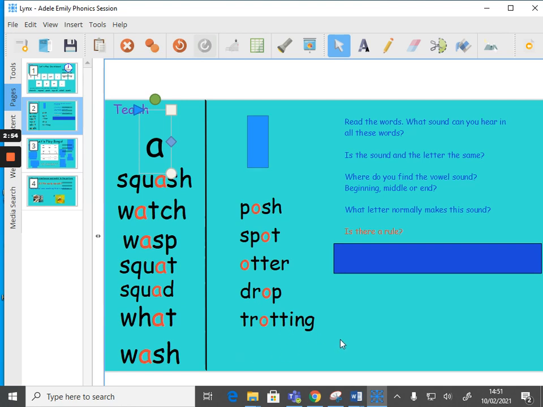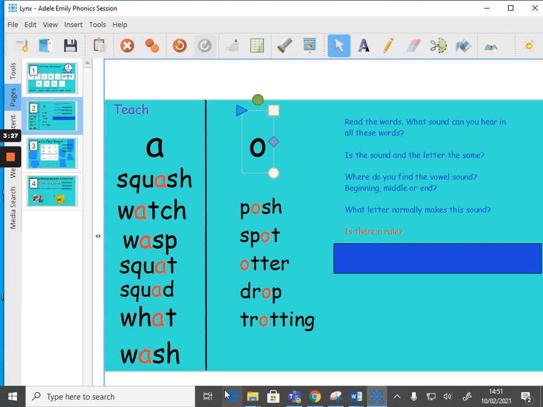What sound can you hear in all of these words? That's right, it's the short O sound. But this time, the O sound is spelt with an O. So in all of the words here, we can hear the O sound, but it is spelt differently. In these words, it is spelt with an A, and in these words, it is spelt with an O.